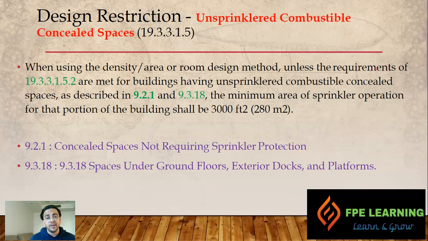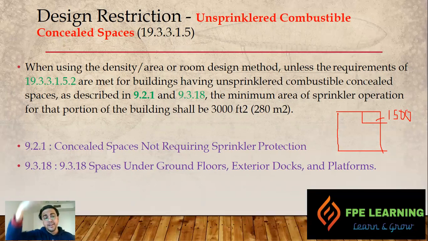But keep in mind, let's say this is your design area, right? And in those areas, this is your most remote location of 1500 square feet, and this is for light hazard occupancies, but you have the ceiling and that is not meeting 1933-152, or it is a combustible ceiling without any sprinkler system.